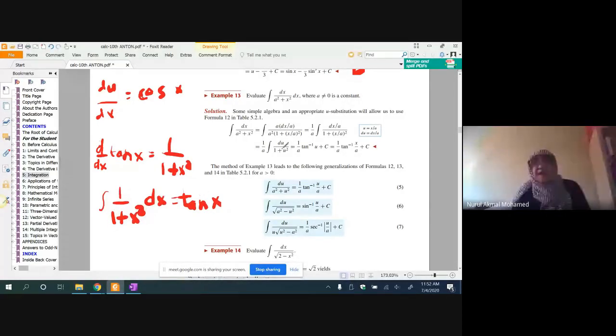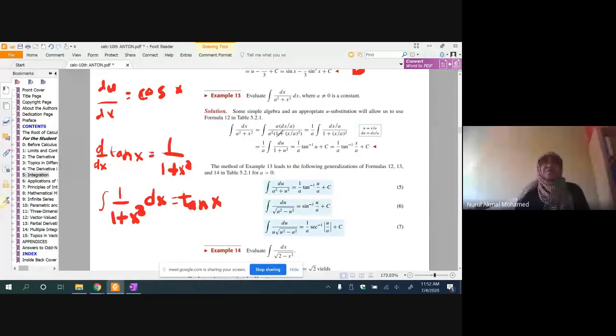So for that, you have to take out a squared here. You have to factorize a squared. If you factorize a squared, you will get 1 plus x divided by a, all squared.